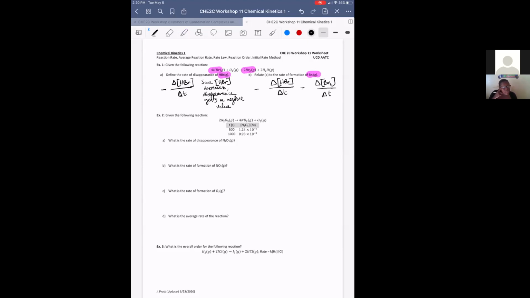And the last thing we want to think about is whether it's being formed or disappearing. So if it's disappearing, we'll use a negative sign. If it's being formed, we'll have a positive sign. And then we want to think about the ratio between our 2 species. So when we're looking at the ratios of formation and disappearance, we'll actually use the inverse of the stoichiometric ratio we see.